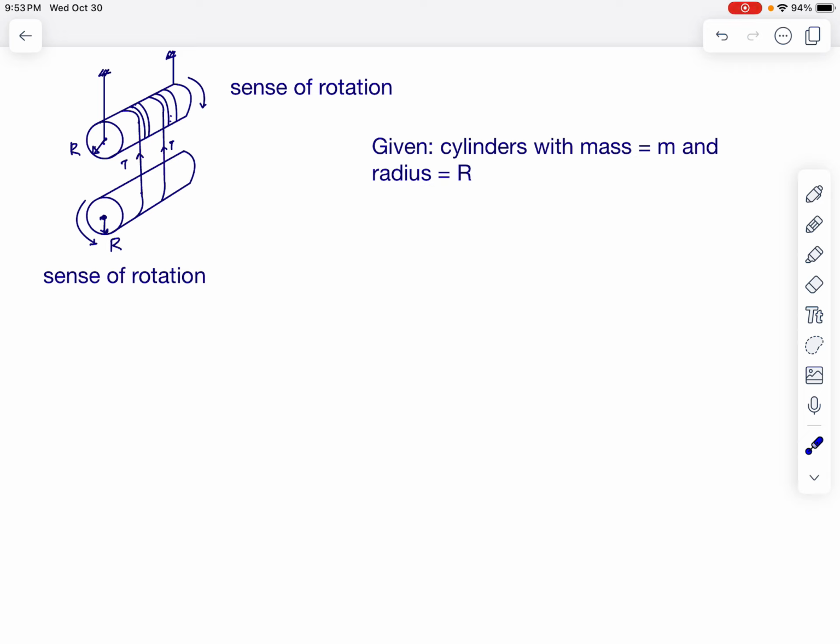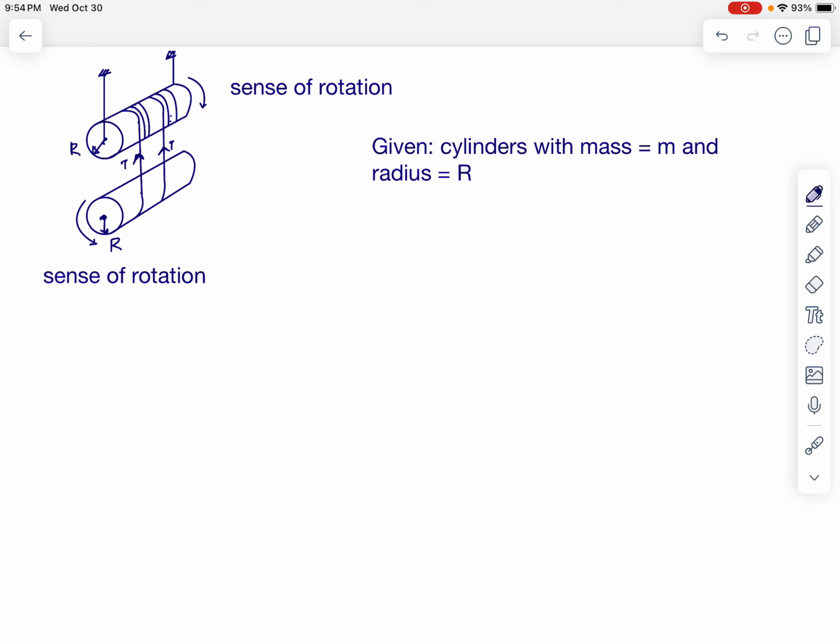So our task today is to find the tension in each of these strings. On the face of it, it appears like a daunting problem, but we will try to solve it as best we can.